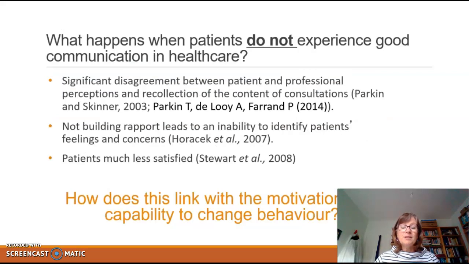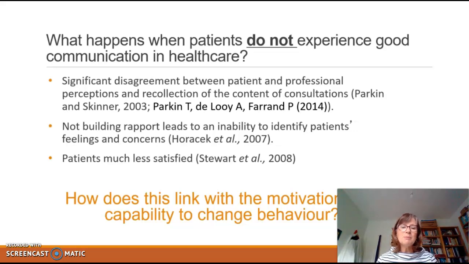So we also need to think about what happens when people do not experience good communication in healthcare. There are a few things here that I think are really important for us to consider. There is significant disagreement between the patient and the professional perception of what actually happened in a consultation if there's not good communication.